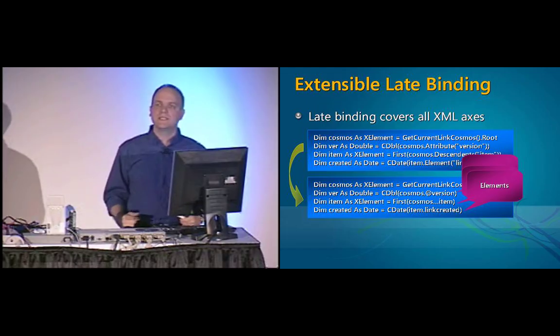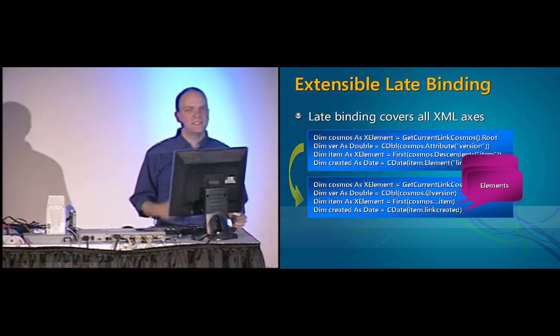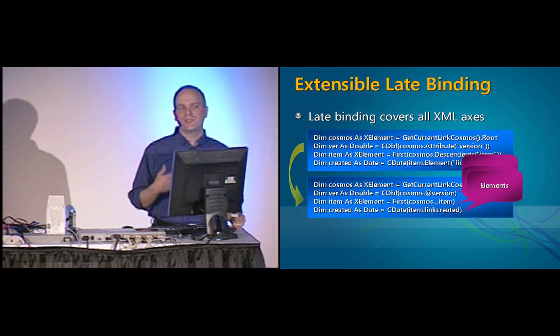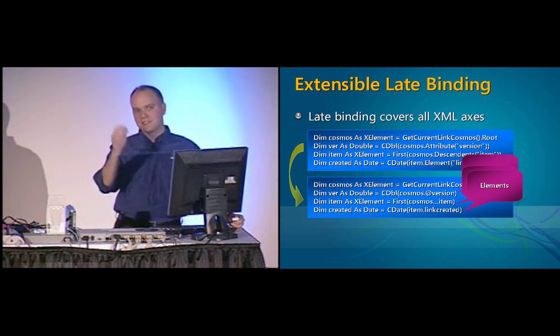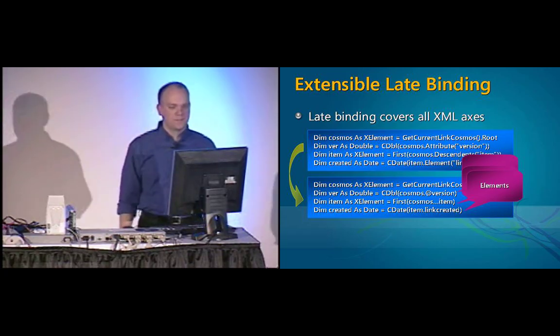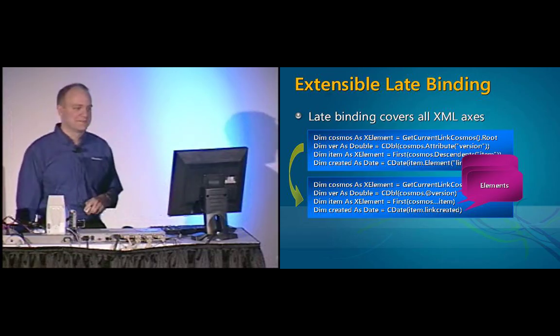So what we're looking at doing is extending this support past XML in a standard way, a standard way for objects that have dynamic members to expose them, and then automatically get this dot syntax so that you don't have to figure out which APIs to access dynamic members through. You can just say object dot and it will work.